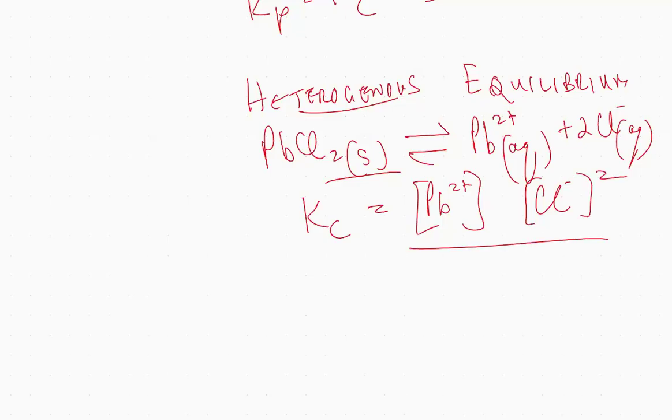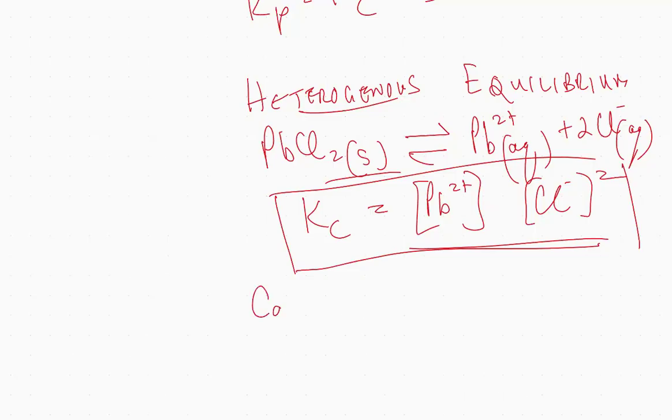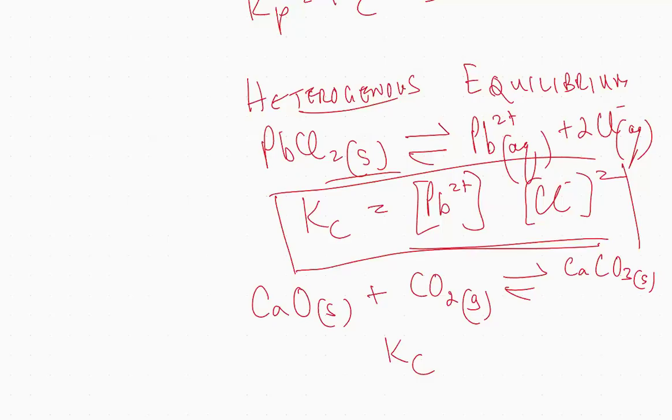Then if we're writing for this one, CaO solid plus CO2 gas, CaCO3 solid, and I write Kc, we don't take the solid, so it will be 1 over CO2, that's it, 1 over CO2.